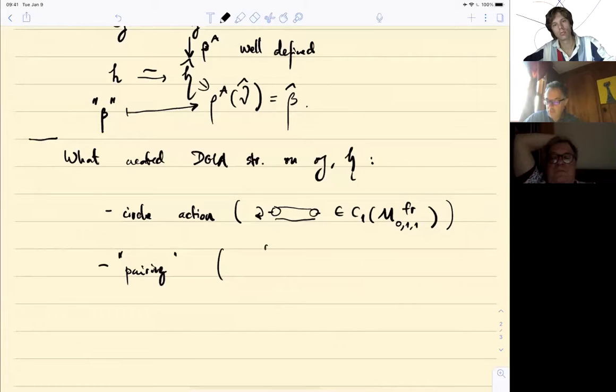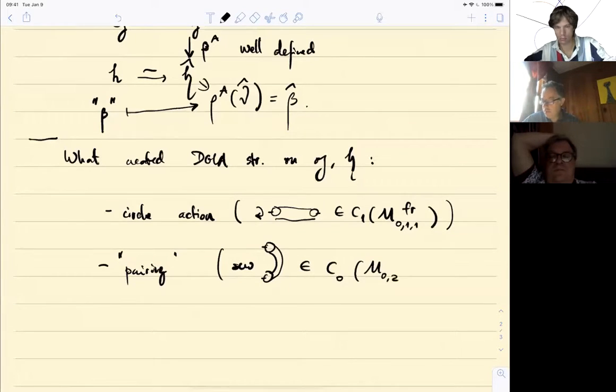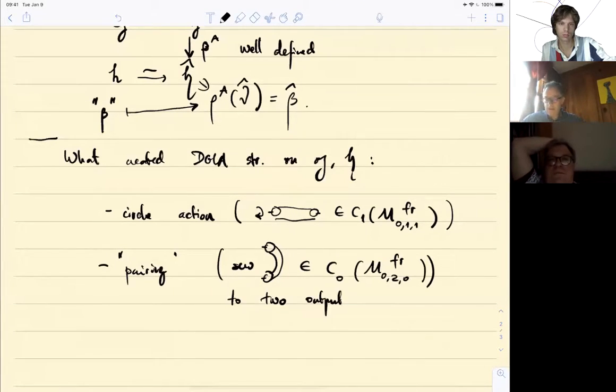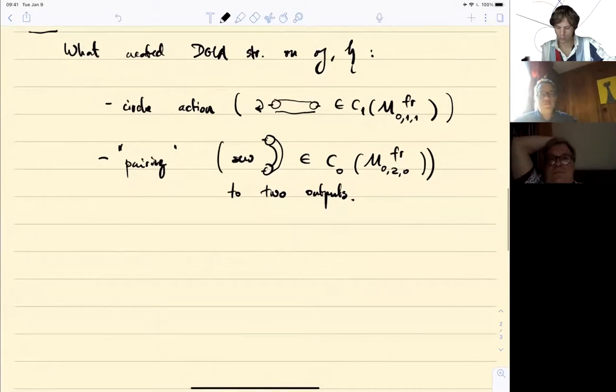But that came from sewing this guy, which lives in C0 of M020 framed. So 2 inputs, no outputs, and I sew that thing to 2 outputs. These were the 2 things that we needed to describe the DGLA structure, because then the delta operator was a combination of those 2 applied to several outputs of my things.